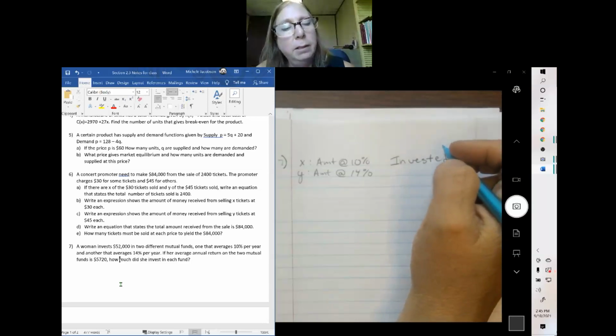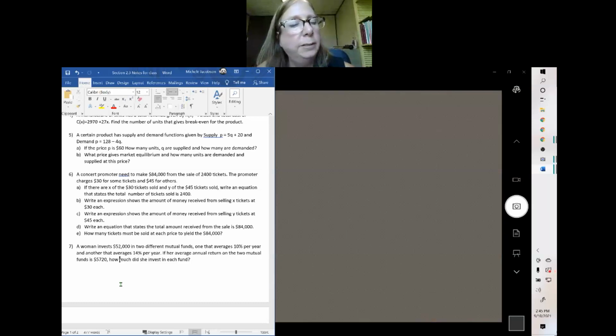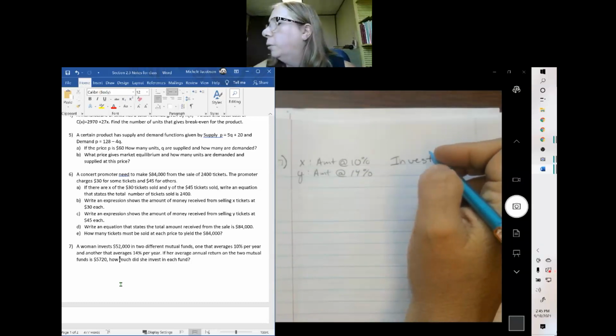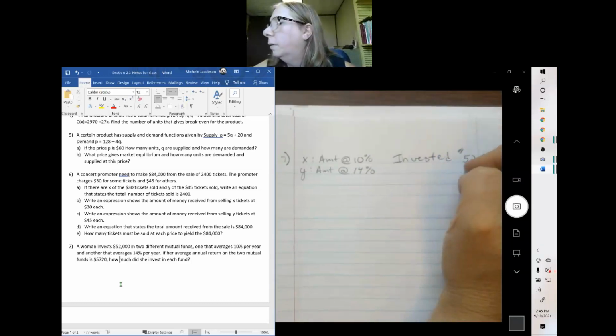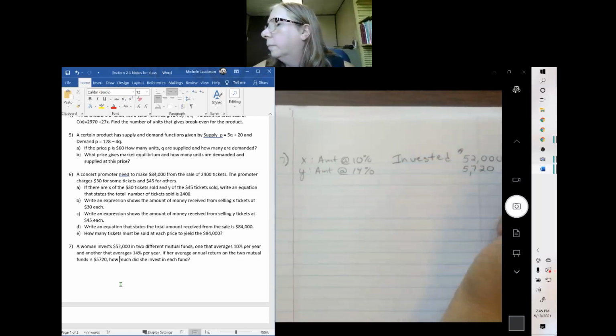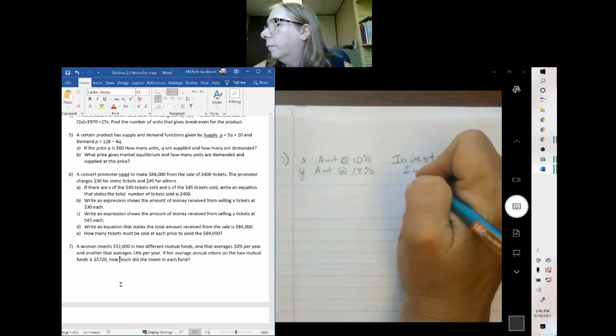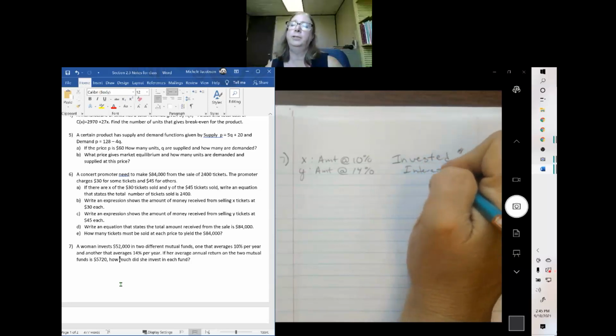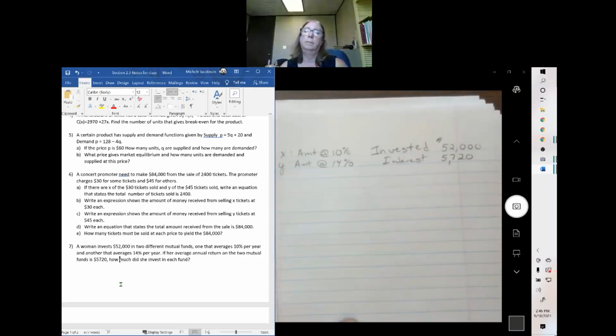And if her average annual return on the 2 mutual funds is 5,720. That's the interest that she made. X and Y are the amount she invested, so X plus Y should equal the total invested.